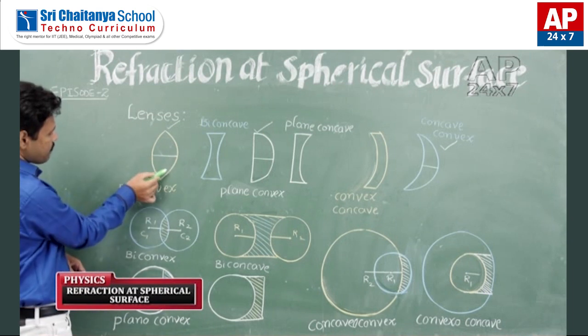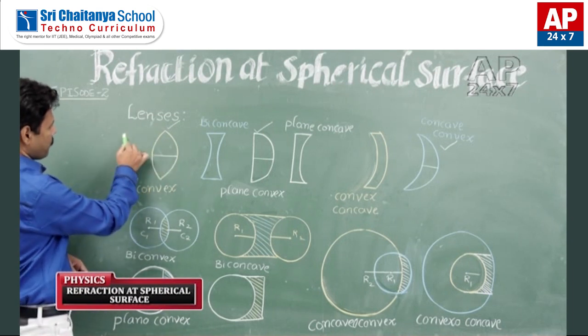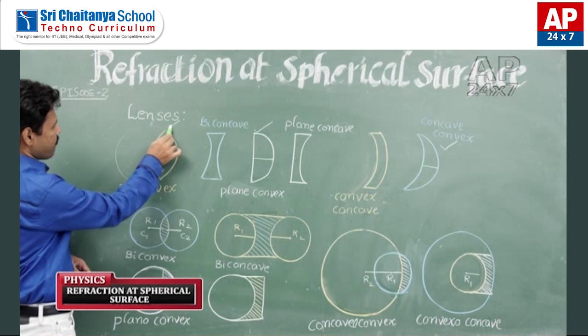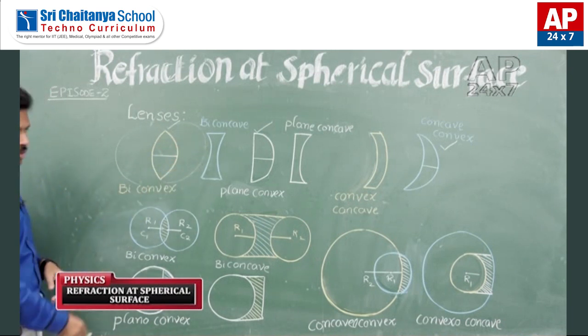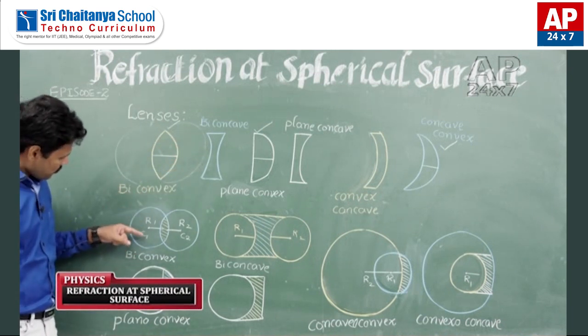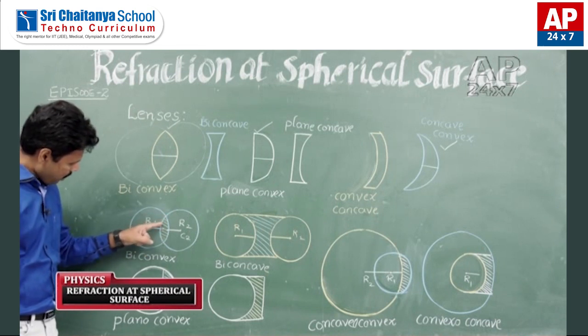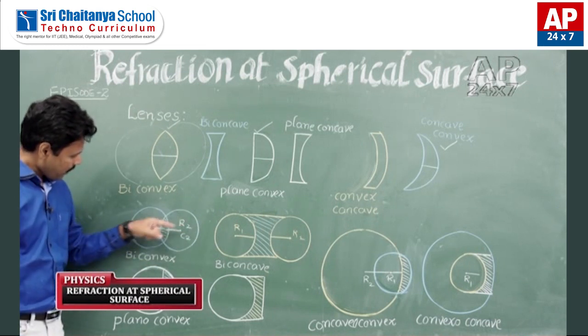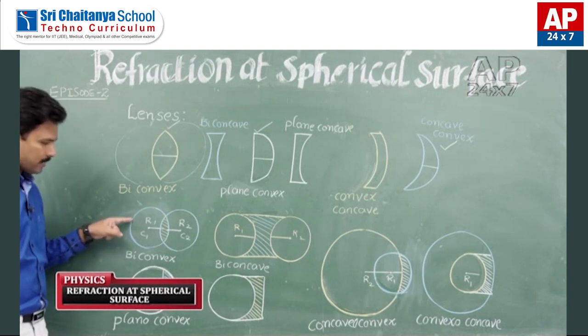Biconvex: this is a part of a sphere, and this is also a part of a sphere like this. That is what we are showing here. So one is R1 and one is R2. In the same way, biconcave, R1, R2. And when you take concavo-convex, this is a part of a sphere like this, and this is a part of a sphere like this.